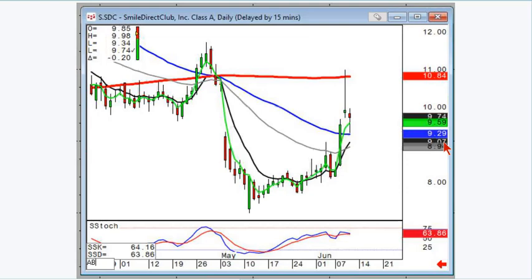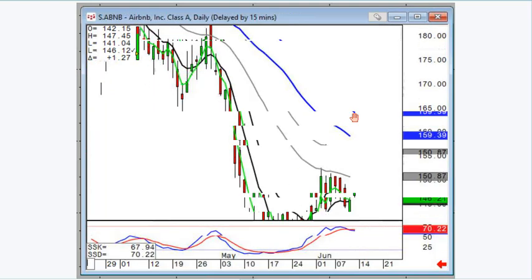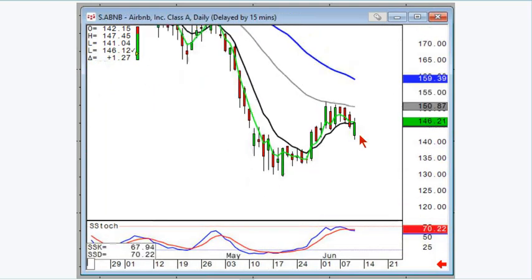AB&B. Look how it failed right here at the 34. I probably wouldn't be long or short this one. There's nothing to sink your teeth into on this one.